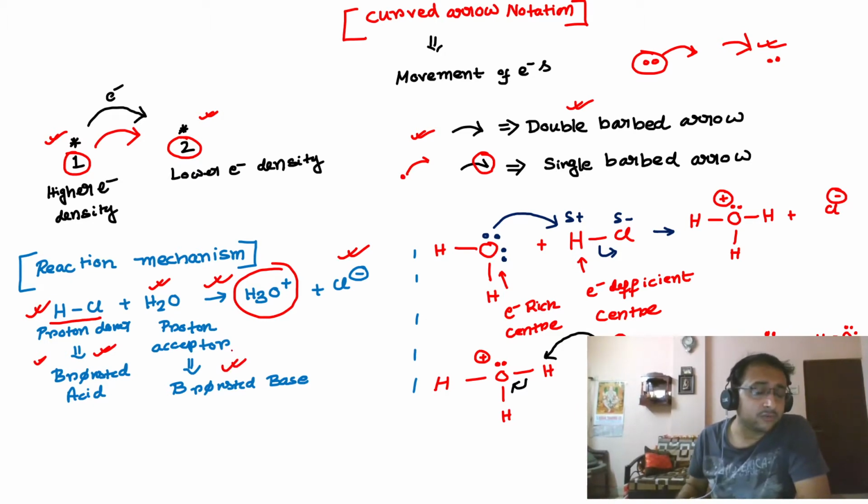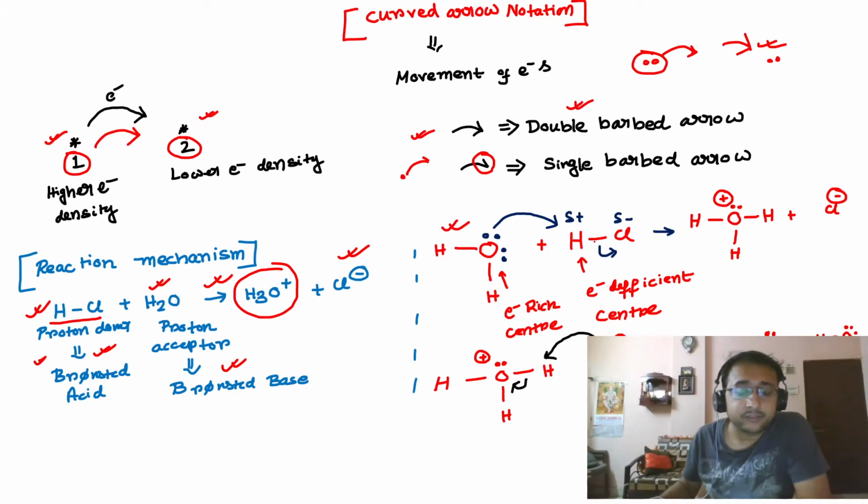Now let's understand this reaction mechanism by using the curved arrow notation. This is the structure of the water molecule, where the oxygen atom has two lone pairs of electrons. So this oxygen atom is an electron rich center because it has two lone pairs of electrons.